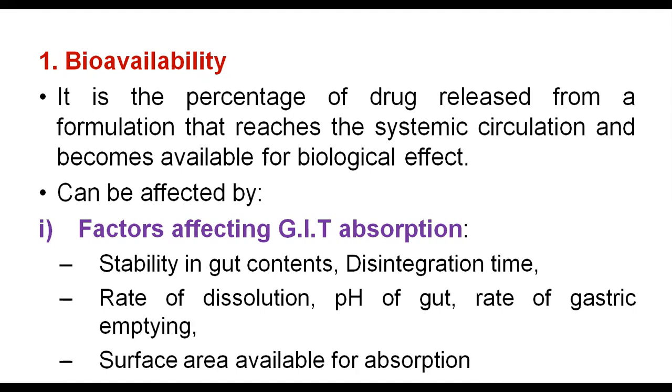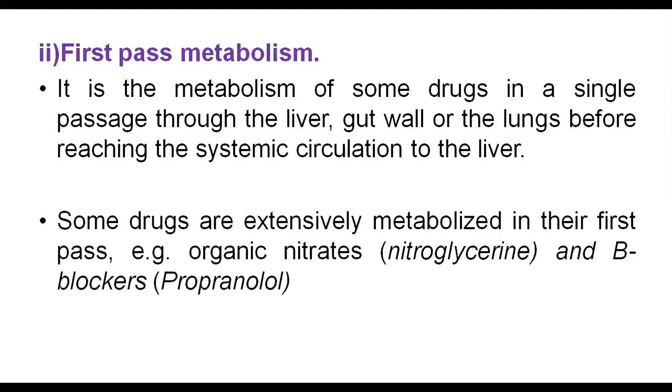Also, conditions that affect the surface area of the GIT. For example, if this patient has cancer or metastases that have affected the intestines, the surfaces available for absorption will be limited, and that will reduce the absorption.